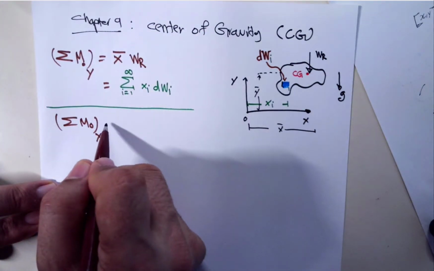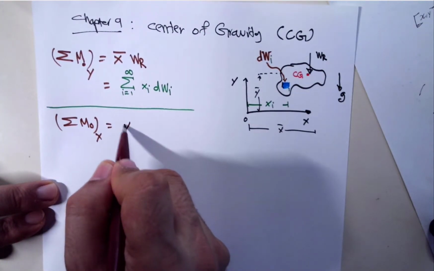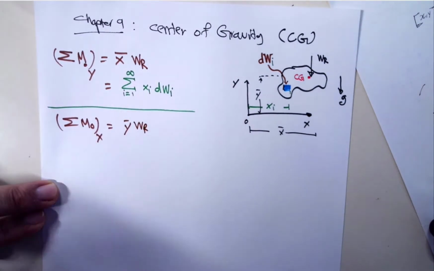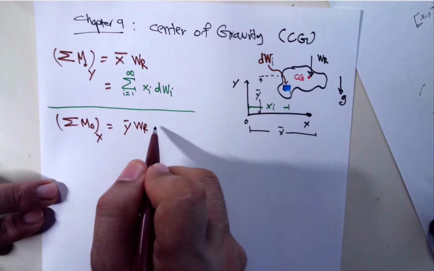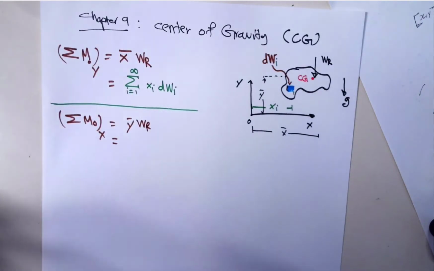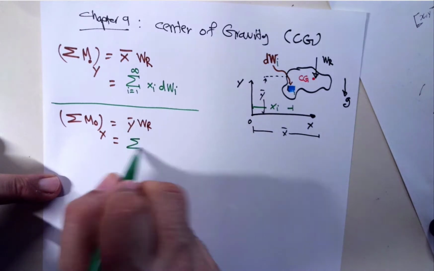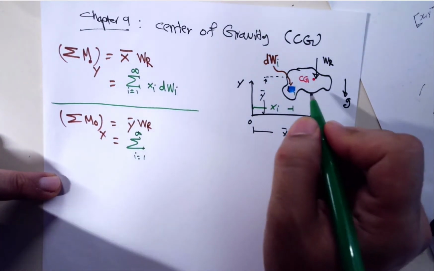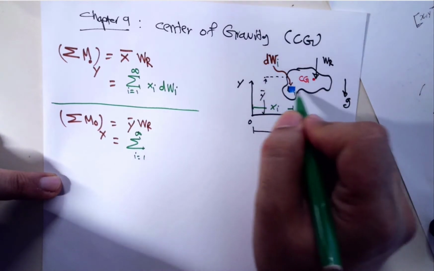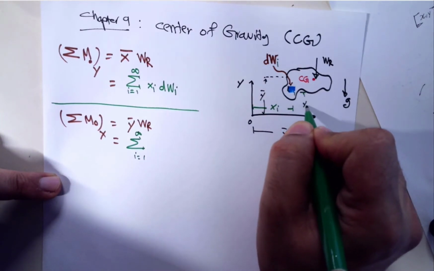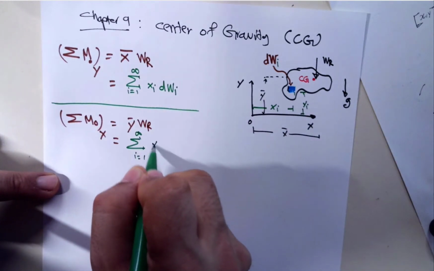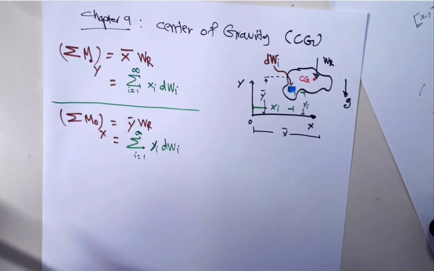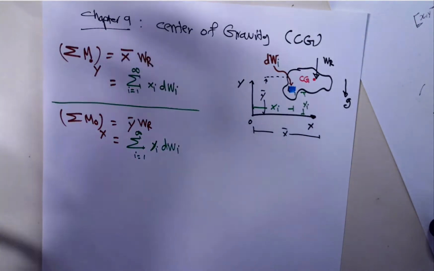That moment is equal to y bar multiplied by WR, nothing has changed, but this is equal to the summation from i equal to 1 to infinity of yi dWi. Great.